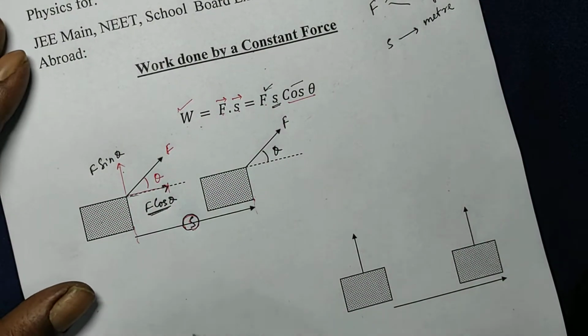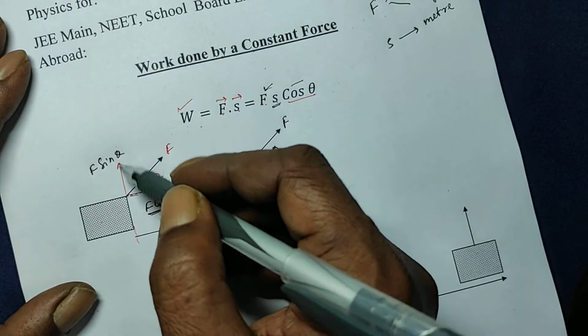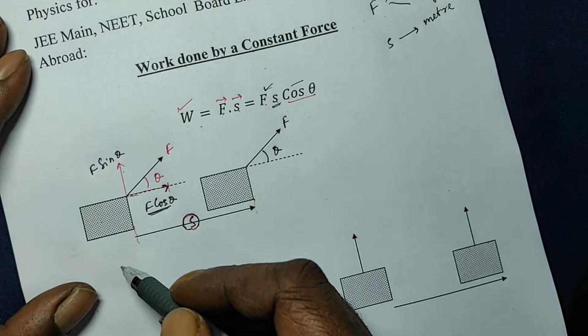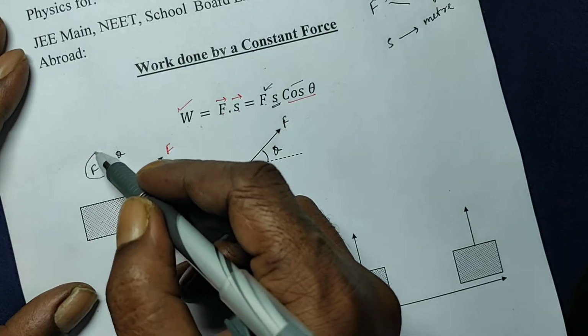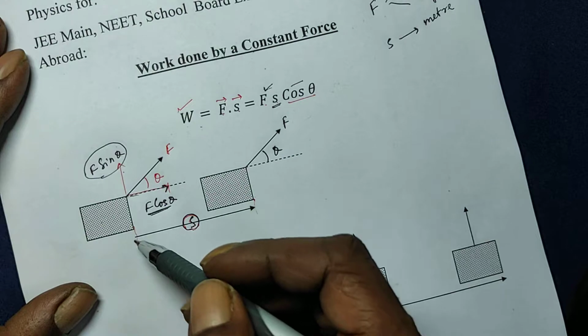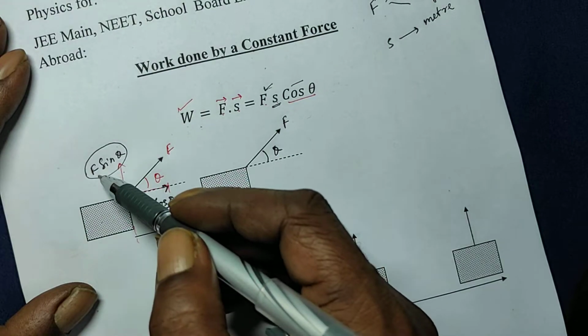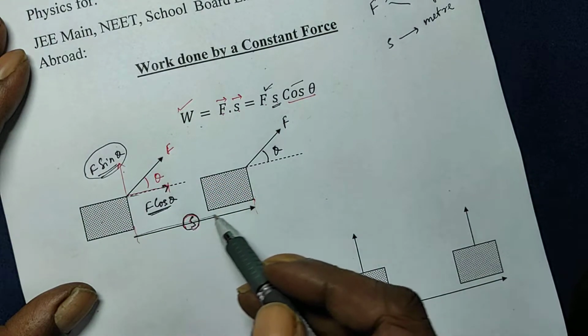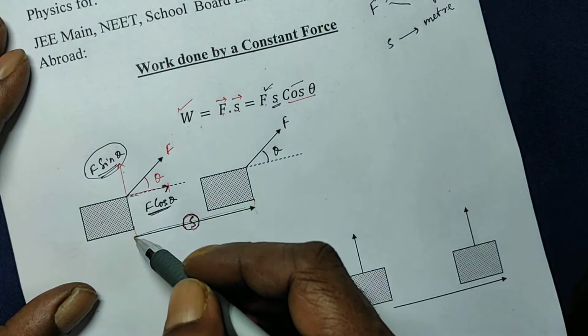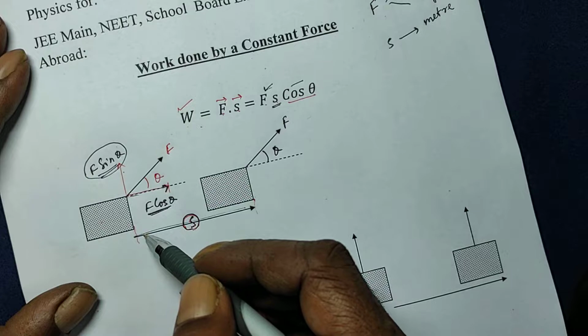Now you might be wondering what happens to this F sin theta. Its weight is vertically downward, and since F sin theta is not sufficient to move it, there is no work done due to F sin theta. The displacement is to this side, F sin theta is vertical, so the angle between them is 90.